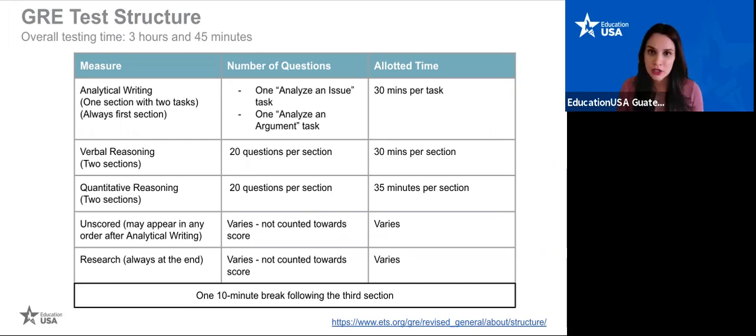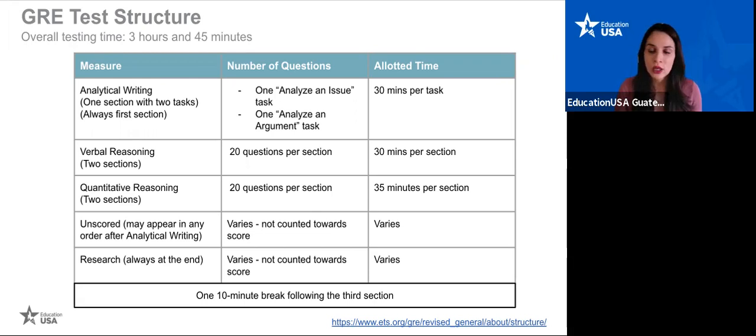The first section, which always comes first, is the analytical writing. This section has 2 tasks. One is analyze an issue, and the other task is analyze an argument, and you will have 30 minutes per task. Then, this is not necessarily the order that it'll show up, but you can find a section that is called verbal reasoning. This is 2 sections.